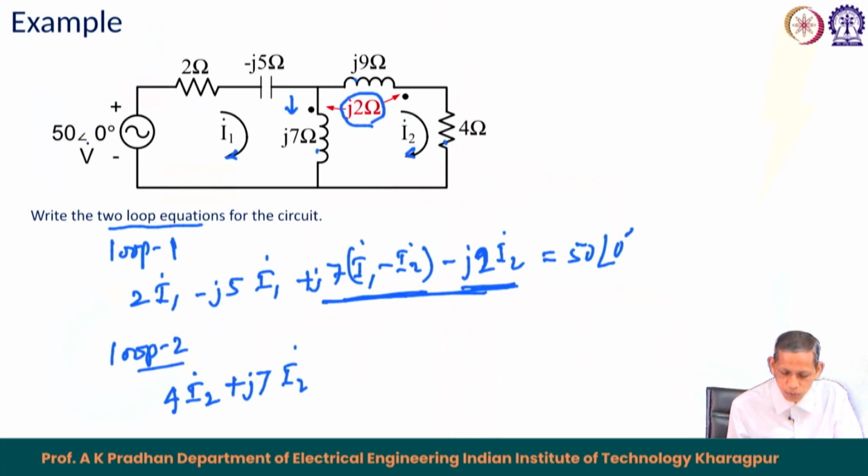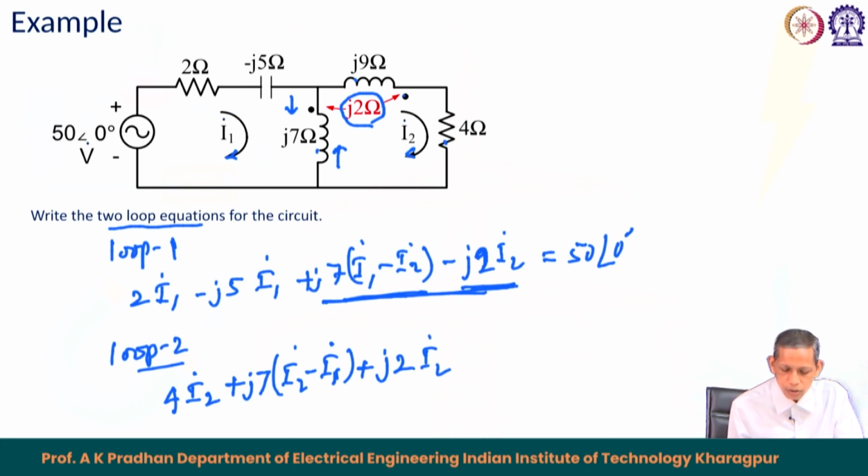So, I 2 is leaving, I 2 minus I 1 here, not I 2, because the current I can take this way or that way. So, this is I 2 minus I 1, and this I 2 minus I 1 is leaving the dotted terminal at this point, and I 2 is leaving to the 9 ohm reactor. Therefore, the corresponding mutual term will be positive J 2 and that will be I 2, because the current here is I 2.